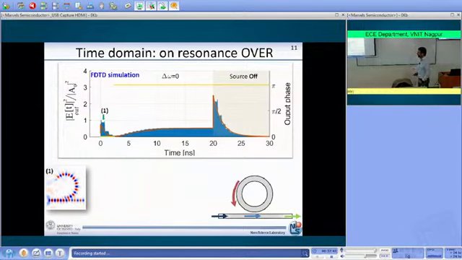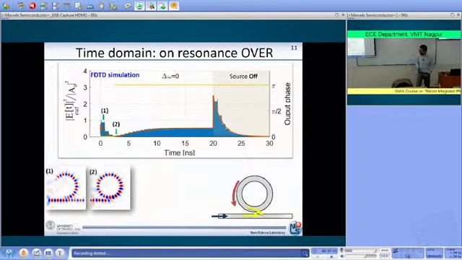Then after the time for a round trip, the field inside the microring resonator has reached the coupling point. In this case, you have an interference between the input field and the field that was traveling inside the microring resonator.